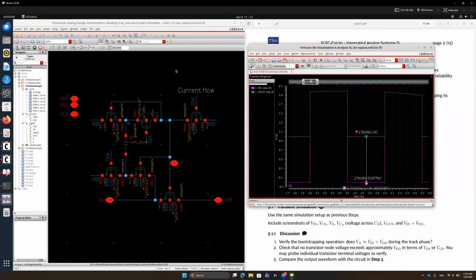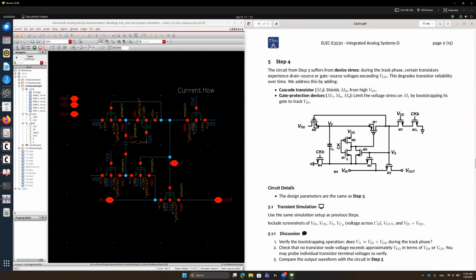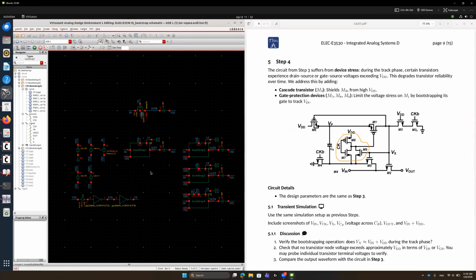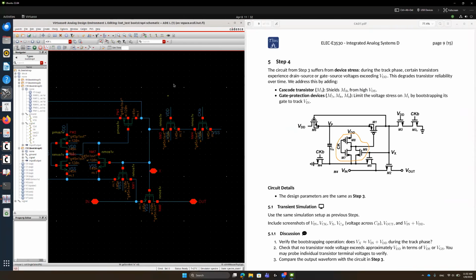For that purpose, we need M8, M7. Let me highlight M8 and M7 and M9 transistors are required, as I explained during the lecture. And also you can find Professor Rajabi's magazine paper for a more detailed explanation.